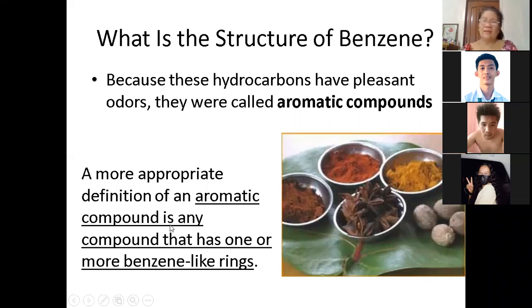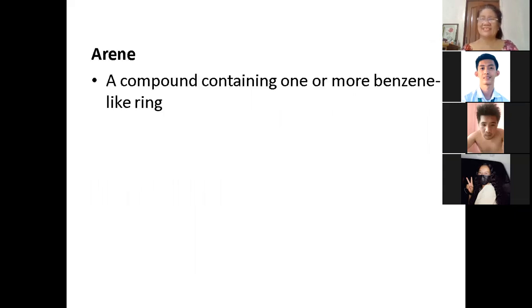Benzene has six sides and is in the form of a ring. It was discovered early by Kekulé. They are sometimes known as arenes, a compound containing one or more benzene-like rings.